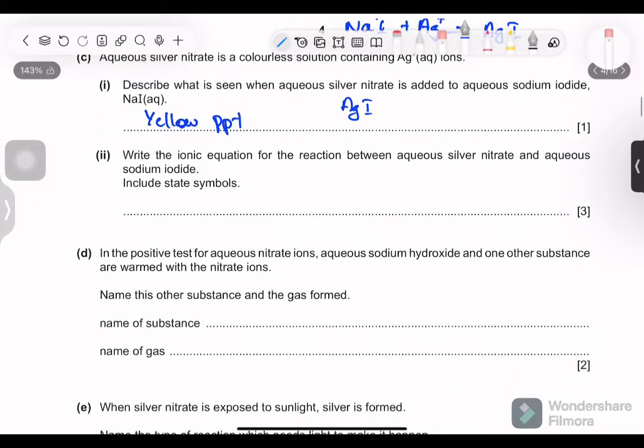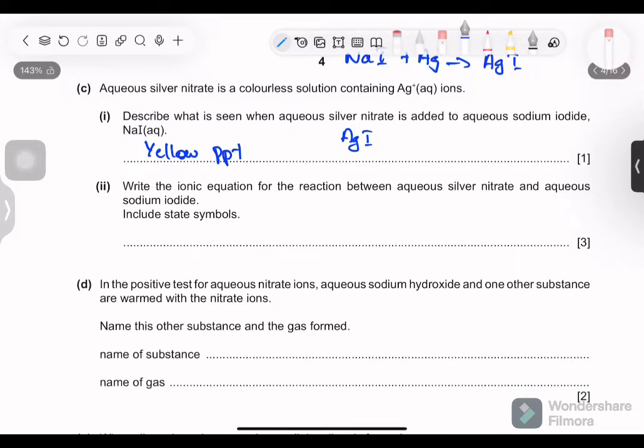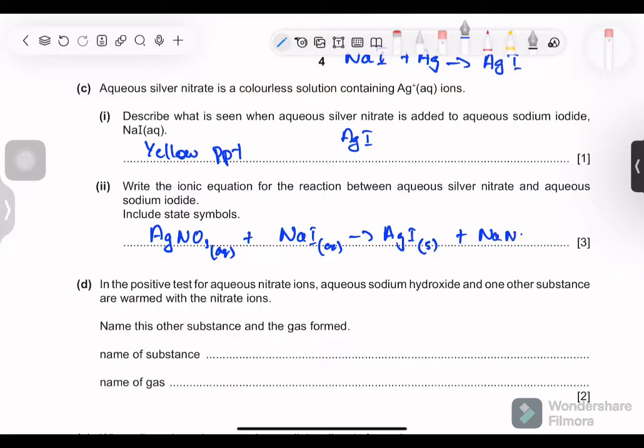Write the ionic equation for the reaction between aqueous silver nitrate and aqueous sodium iodide. It includes state symbols. Okay, so if we write this, aqueous silver nitrate plus sodium iodide, which is also aqueous, this will form AgI, which is solid because of the precipitate, and sodium nitrate, aqueous. So what happens is the aqueous ones separate and their charges separate.